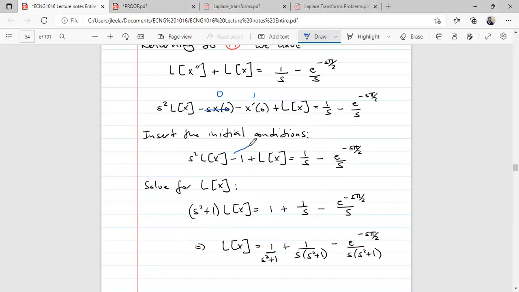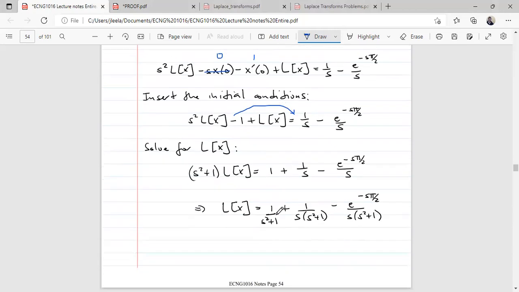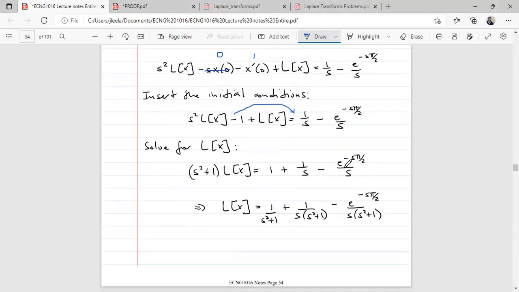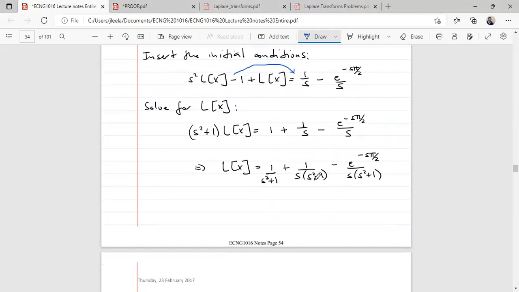So this minus 1 goes across here, right? So that will be plus 1. So you have s squared the Laplace of x plus the Laplace of x, which is s squared plus 1 in bracket the Laplace of x, equals 1 plus 1 over s minus e to the minus s pi over 2 over s. So the Laplace of x will be all these terms on the right divided by s squared plus 1. So you see we have that here.